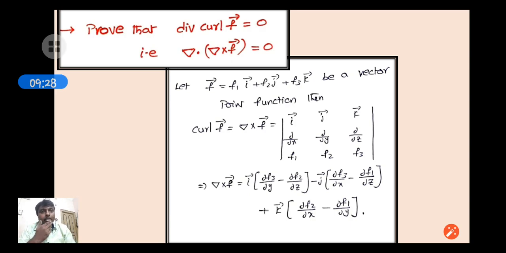Now I am calculating the determinant value.